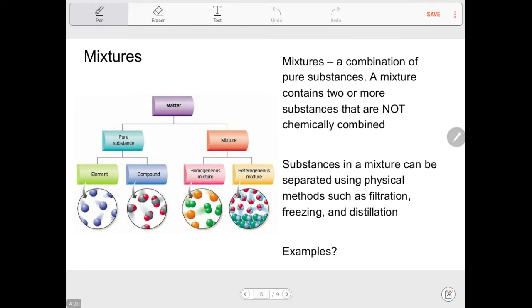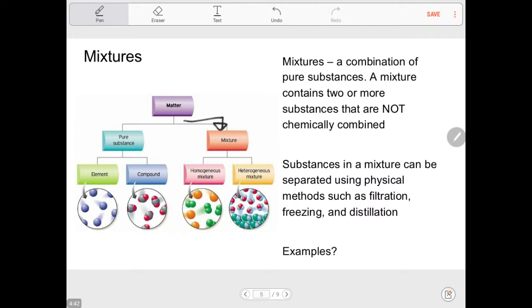Moving along, I'm going to do this kind of in one shot. The other category is when you have matter and it's a mixture. A mixture, of course, is when you have two or more things mixed together. As you can see on the chart here, you have homogeneous mixtures and heterogeneous mixtures.